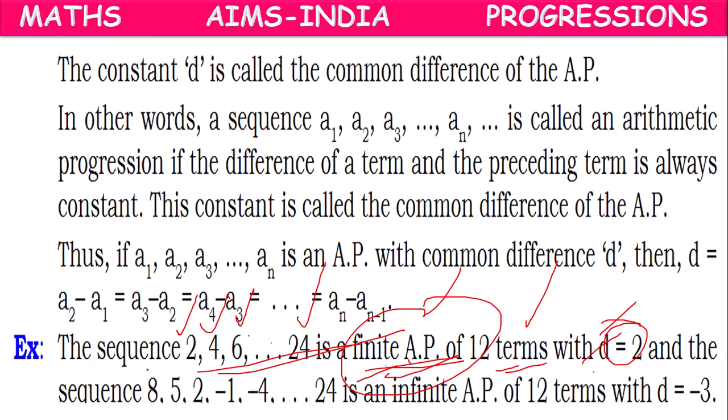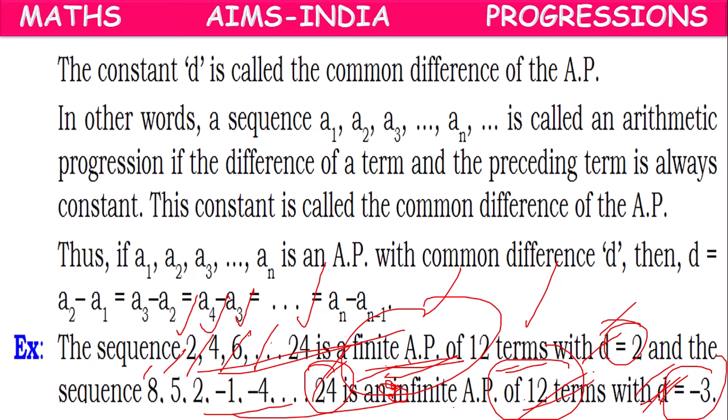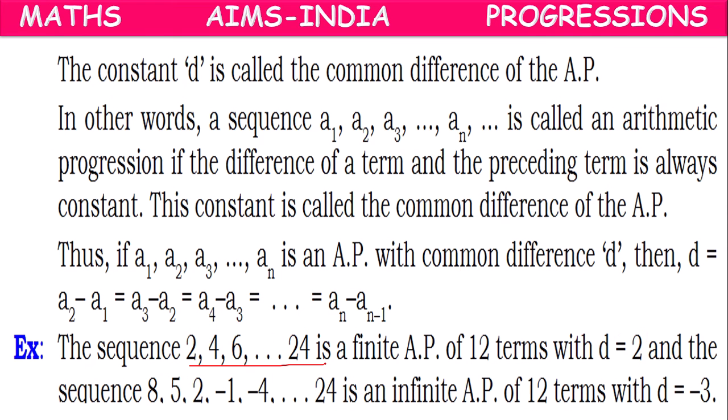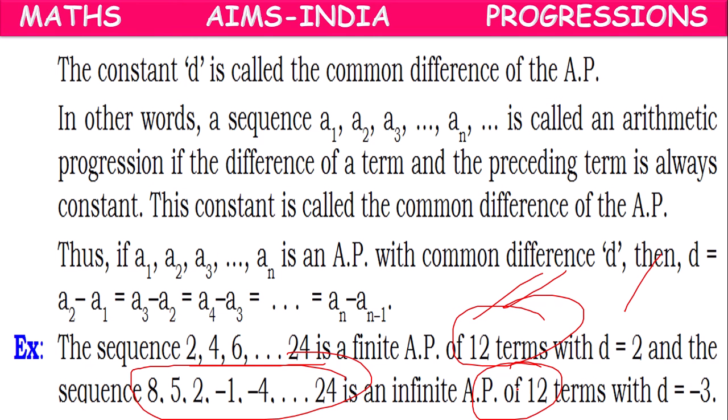The sequence 8, 5, 2, minus 1, minus 4 up to 24 terms is also a finite AP, a finite AP of 12 terms with a common difference of minus 3. Here in the first sequence we have 12 terms, but the common difference is 2. In the second sequence also we have 12 terms, but the common difference is minus 3.